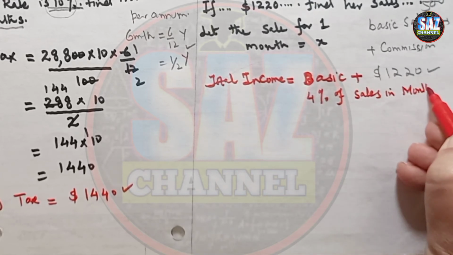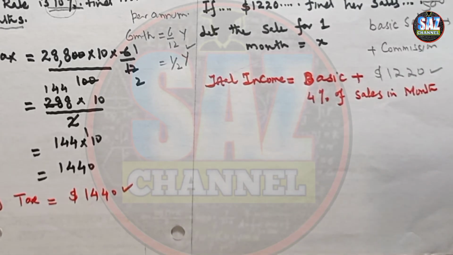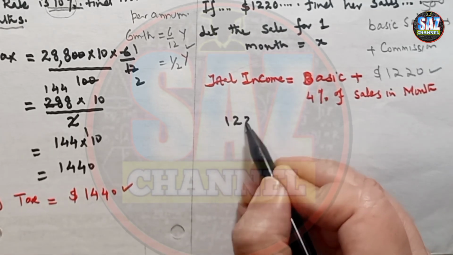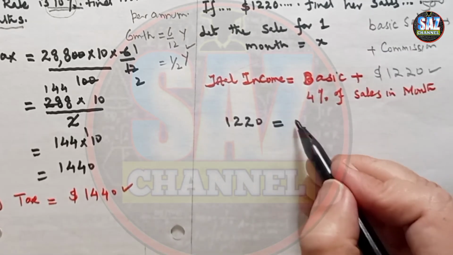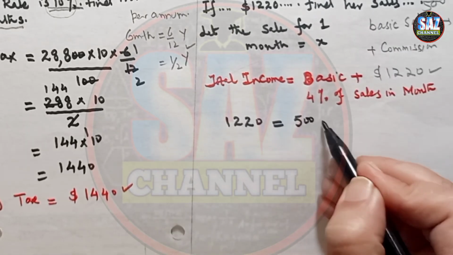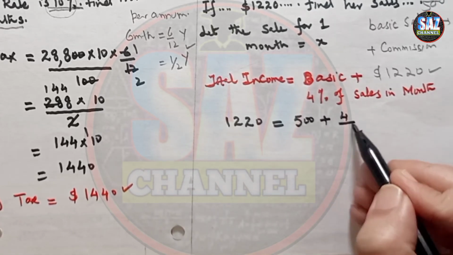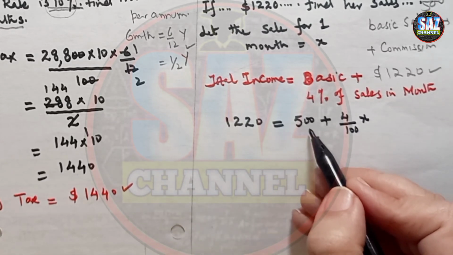The total income given in the question is 1220, which equals the basic 500 plus 4% of the sales, 4 over 100 X. Now we have to find the sales in the month.